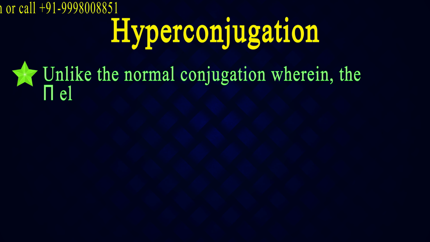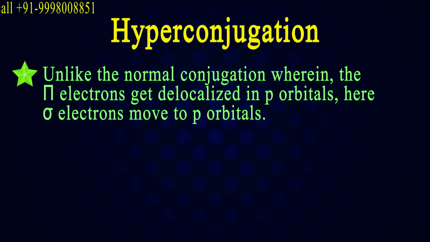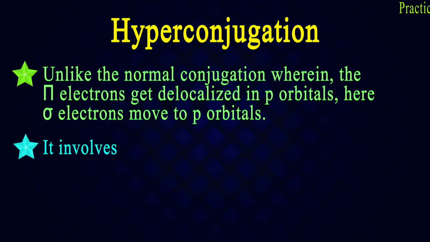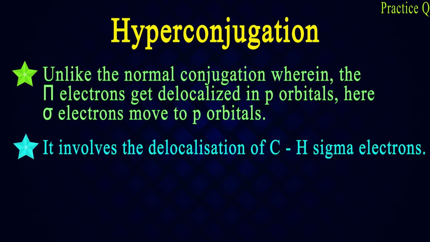The pi electron gets delocalized in the p orbital, but in hyperconjugation the sigma electrons move to the p orbital, not the pi electron, the sigma electron. Please keep it in mind. So it involves the delocalization of the C-H sigma bond or the C-H sigma electrons.